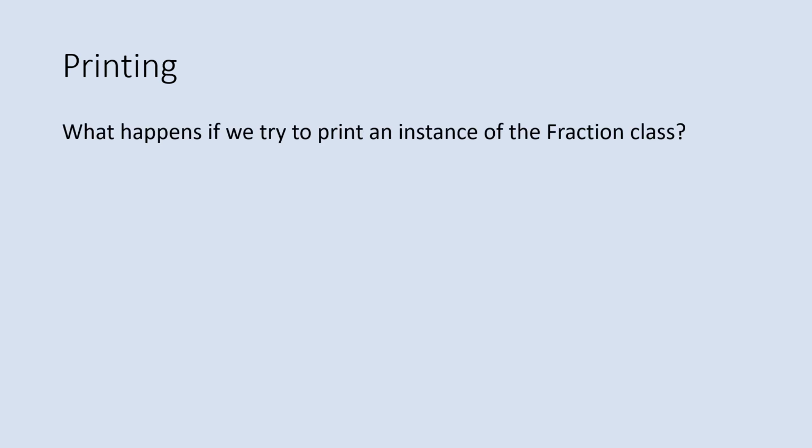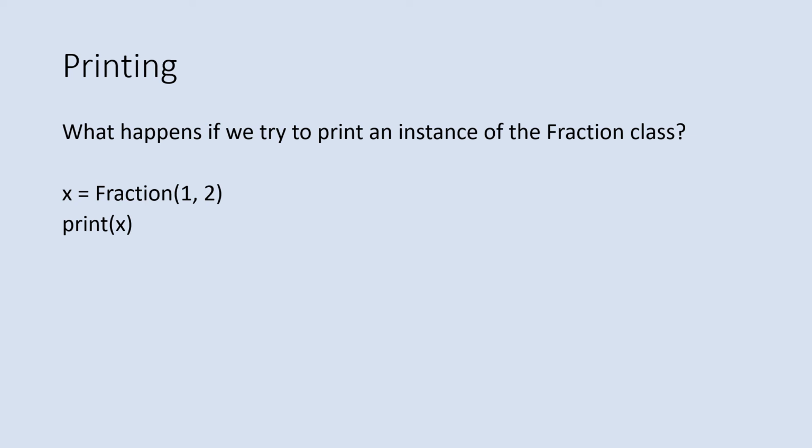So right now, if we try to print our fraction, we won't be able to see anything. Well, we will see something, just not what we expect. If we create a fraction, let's say the fraction that corresponds to 1/2, and print x, you will see that you don't get anything at all that looks like 1/2.